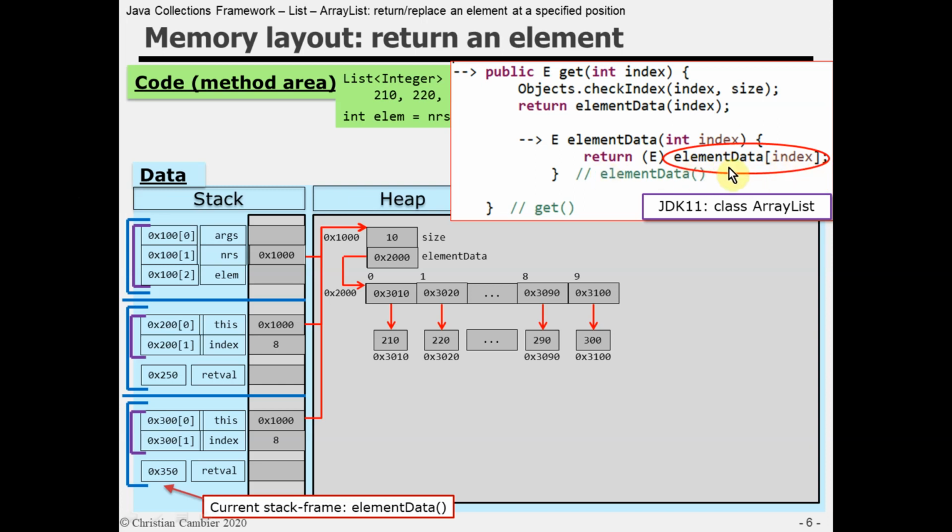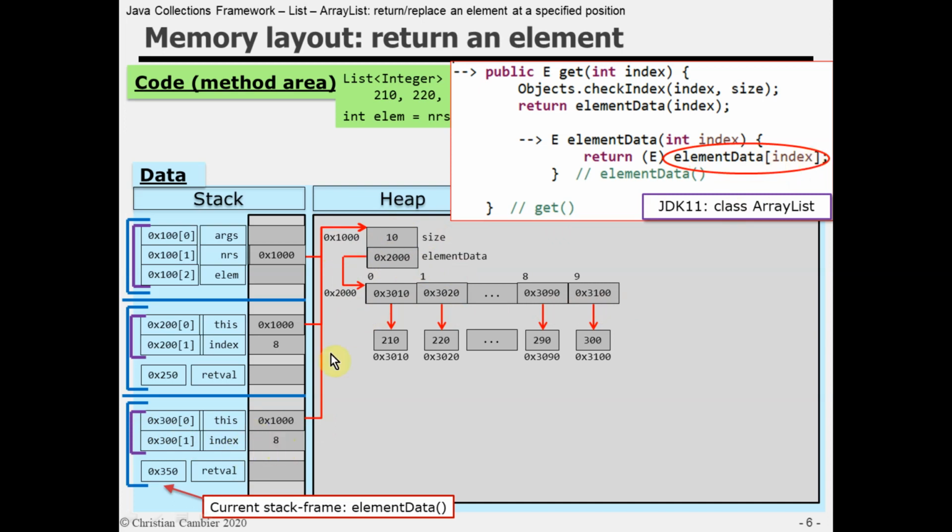What are we returning? Well, this method is an instance method call, so every data member is implicitly preceded by the this dot notation. So let's follow this from the stack frame, this.elementData. So this refers to our ArrayList object. Data member elementData refers to this internal array, and we want to index the element with value index.